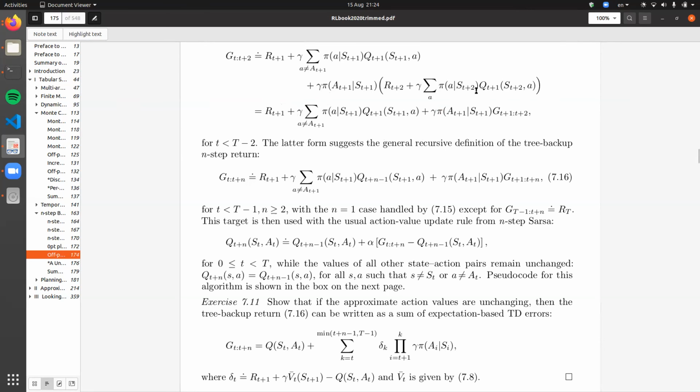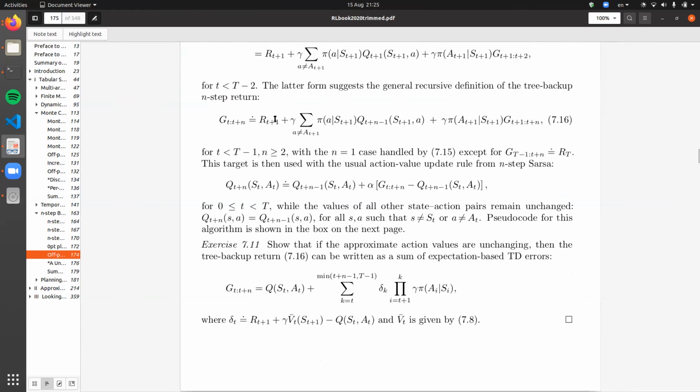The expectation of this component, and we can generalize it to n steps in the same way: the sum over all possible actions we did not take, plus the expected returns starting from the next time step, but weighted by the probability of the action that took us to the state.